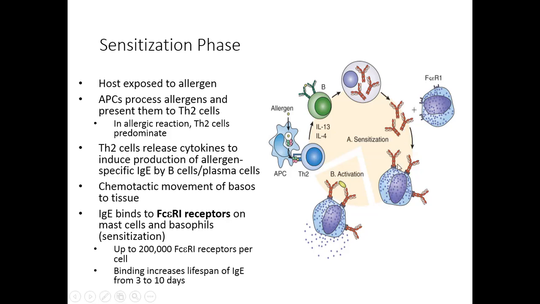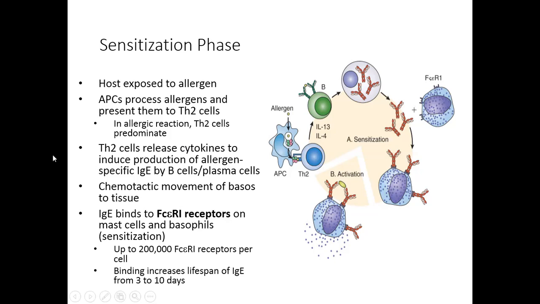And this binding, once the antibody is bound to the cell, that's called sensitization, and that's the end of the sensitization phase. IgE bound to the Fc epsilon R1 receptor ends sensitization. The binding there results in a couple of things.